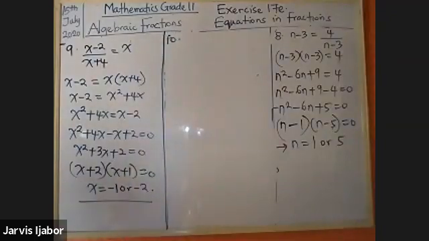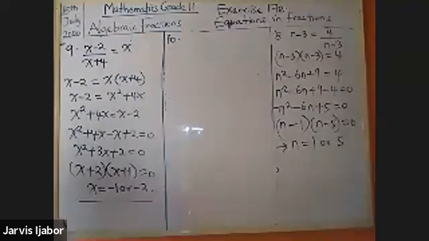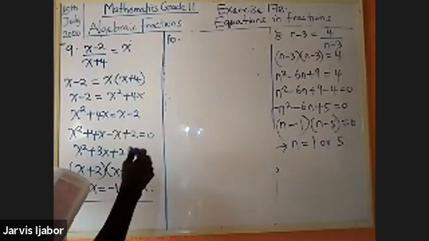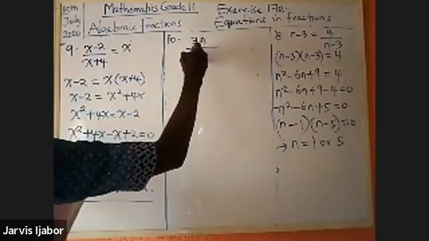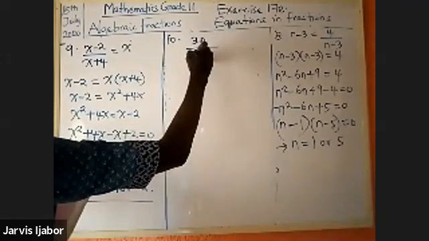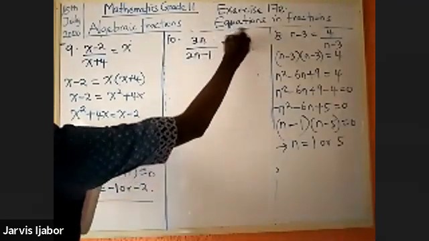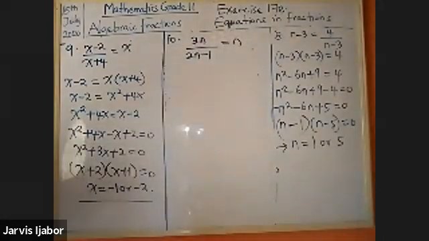Question 10. Question 10 says 3n over (2n minus 1) is equal to n. I hope this question is correct.